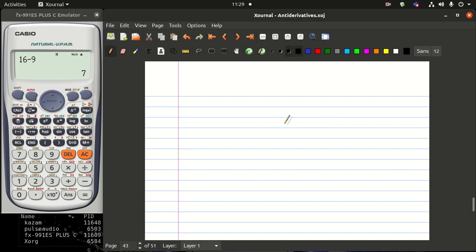Then our definite integral is defined using this symbol here, a long elongated S, not S as in the alphabet. You have this a here, and then you have b there.